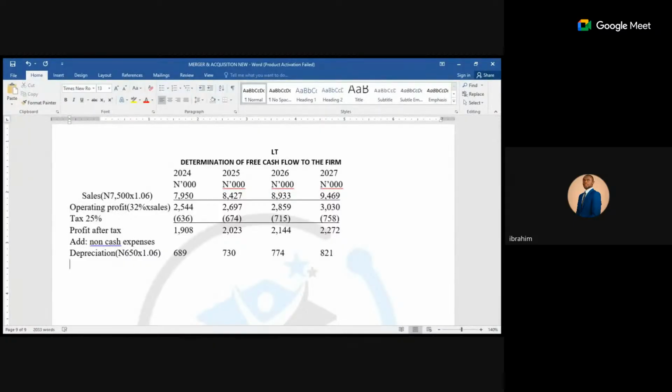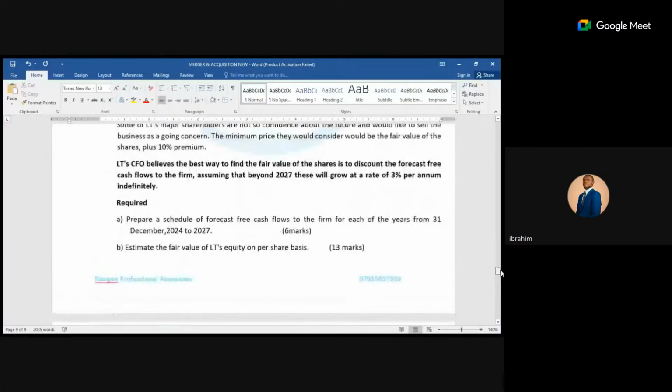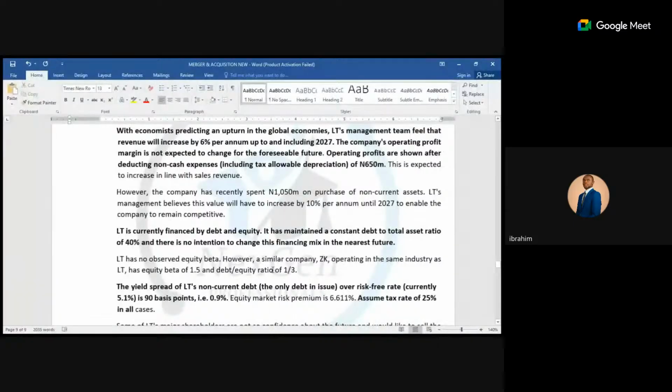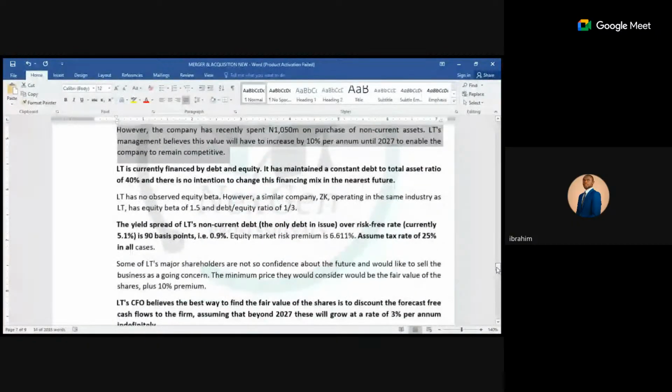We have non-current assets. Current assets. We're told that the non-current assets will increase by 10%, right? 10%. 1.1, right?